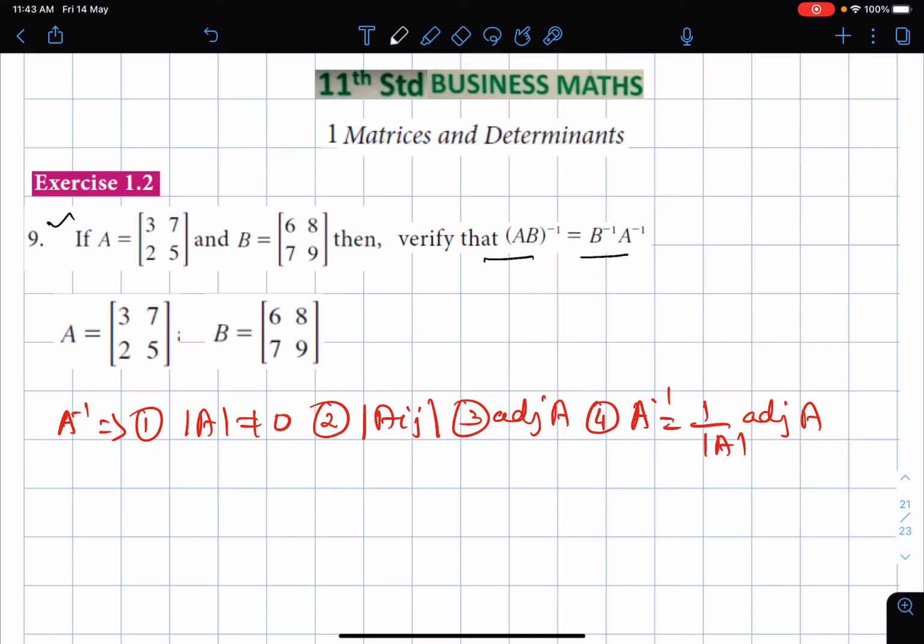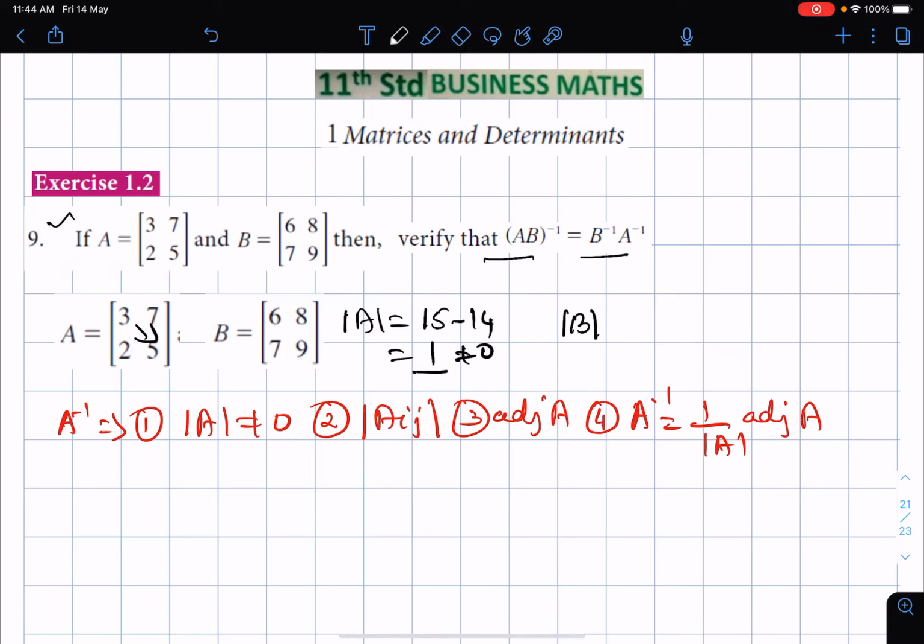Okay, now before going into these steps, we have to find what is determinant A and what is determinant B. So determinant A, multiplying the diagonal, 15 minus 14 equal to 1, not equal to 0.